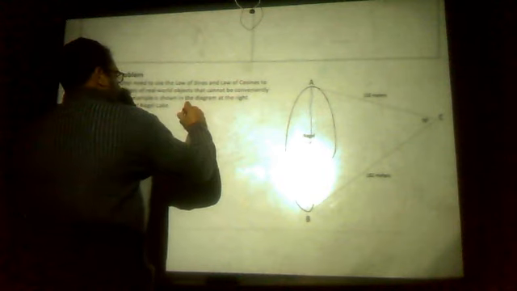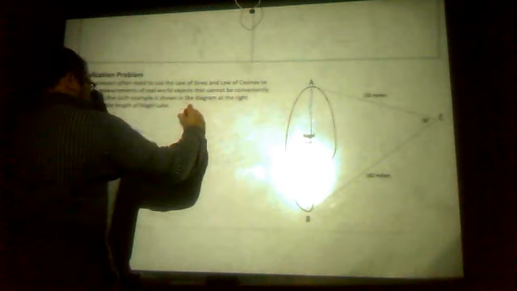Or because our formulas use A, B, and C, let's just call that side C. If that's side C, these have to be sides A and B, or B and A, vice versa. It doesn't really matter. Both of the formulas will work the same way.